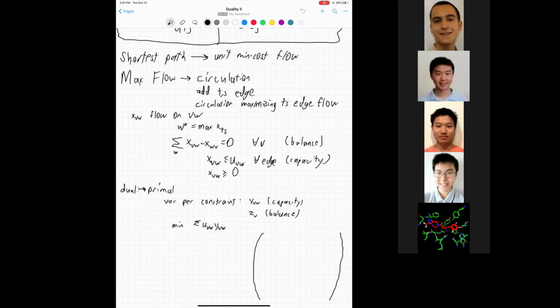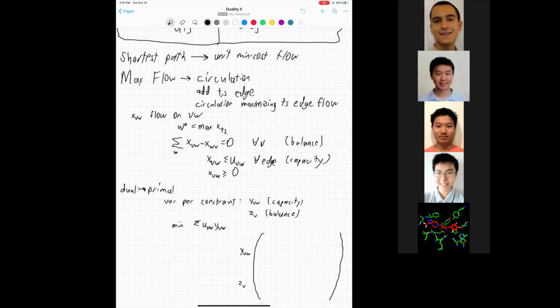Now, as I said, there is a row per constraint of the first linear program. So those rows also correspond to the variables of the second linear program. So we're going to have some YVW rows and some ZV rows, right? That's just shorthand for the constraints that they correspond to. So what shows up in a particular YVW row?